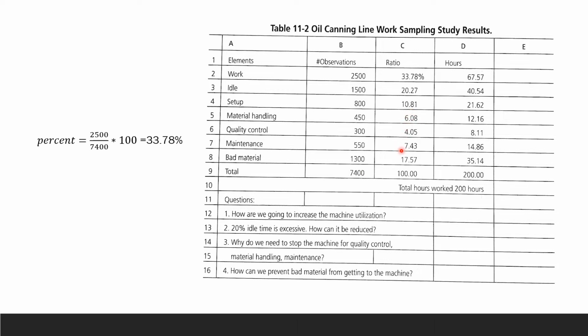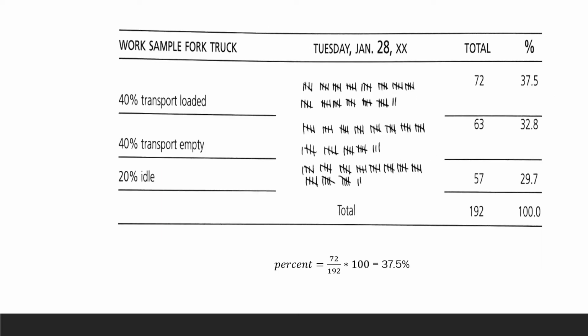So we have the percentages for all of that work element. Calculation, the same thing. Each work element divided by the total times 100. Change that decimal into percentage, and you're going to get 33.78%.